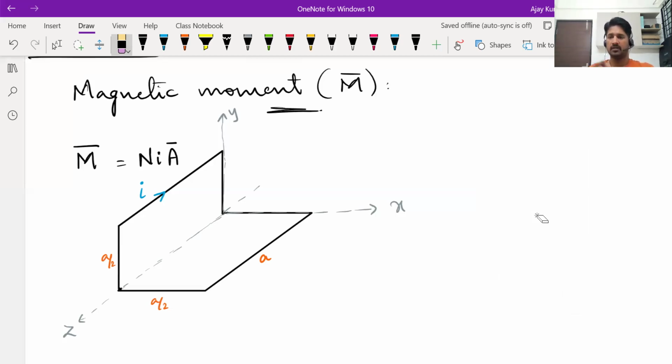Magnetic moment is a vector quantity. We need to assign a direction also. Had it been a flat surface, like the palm of our hand, we can say the area vector is like this. But this is not a flat surface, it's a bent surface. How can we even assign a direction to its area? Yeah, Yash, what do you want to say?